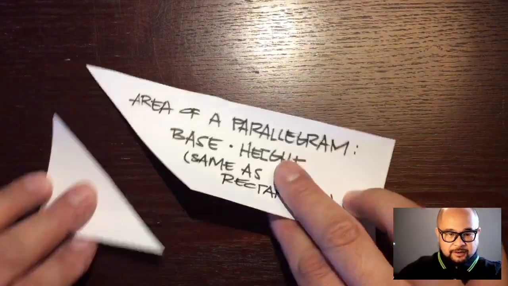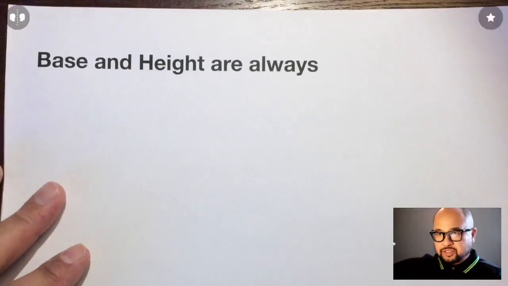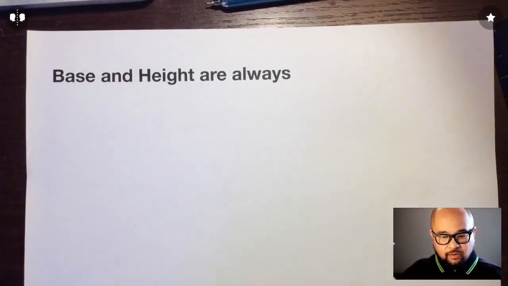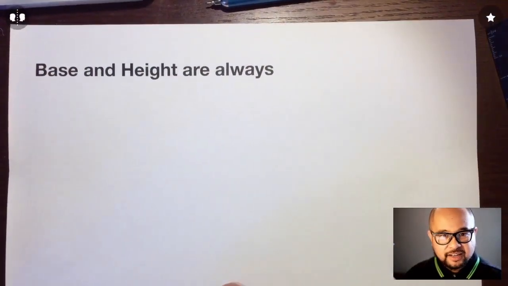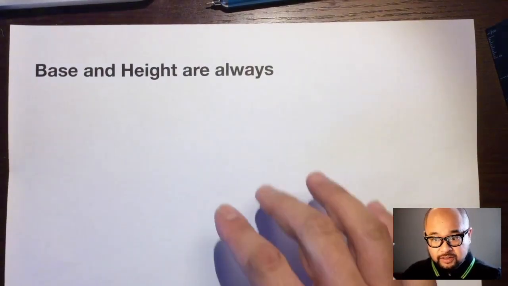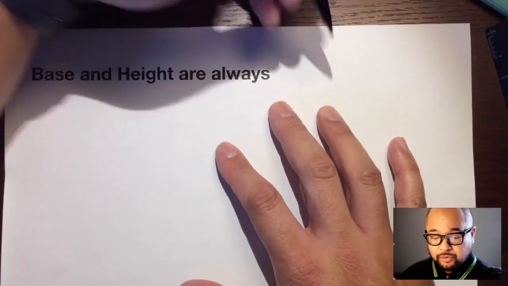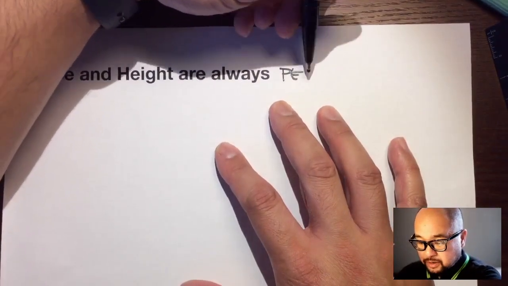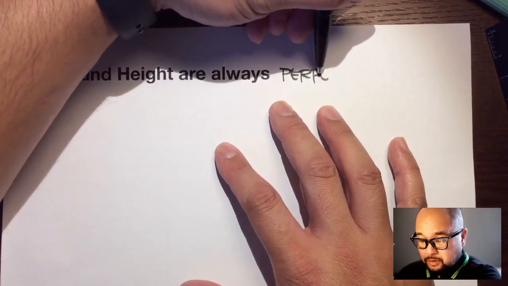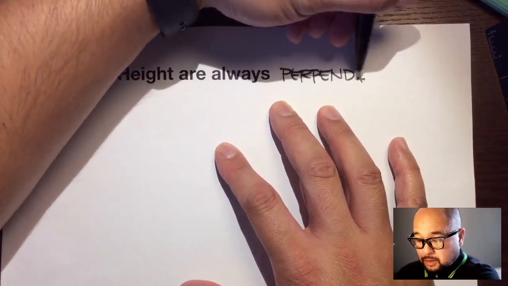So before we start finding the area of some examples, there's one thing I want you guys to make sure you really know. One fact about the base and the height, and this is really important: they are always perpendicular.